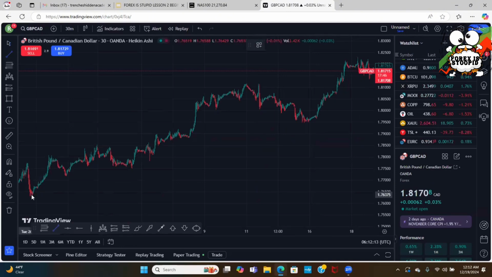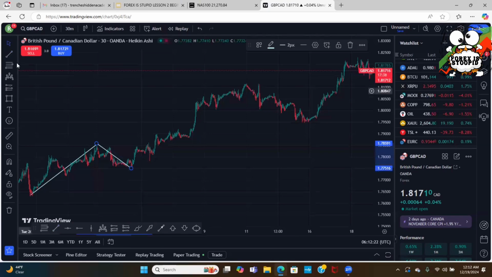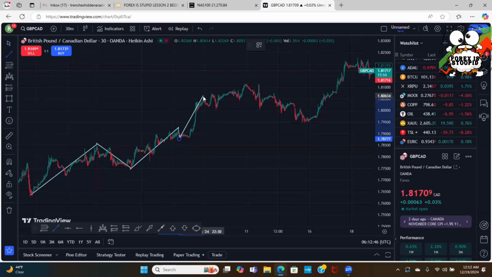So it's the previous high. I'm going to show you what I mean, to the previous low. Then this previous high, previous low, equal low.